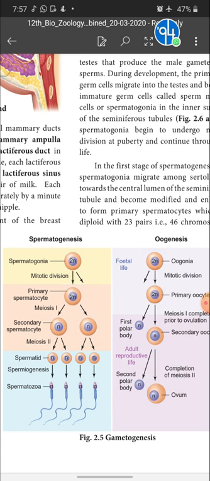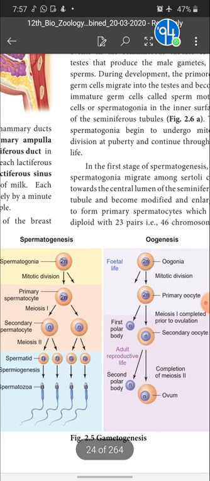But the primary oocyte undergoes meiotic cell division, completed prior to ovulation. Meiosis 1 is completed prior to ovulation. Ovulation, what is ovulation? We will discuss later. So what do we want to discuss here?